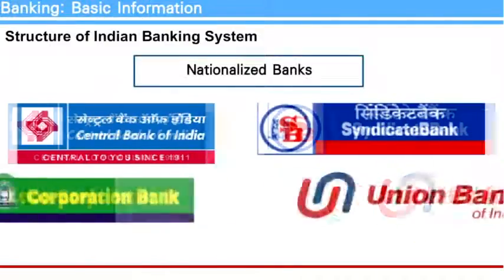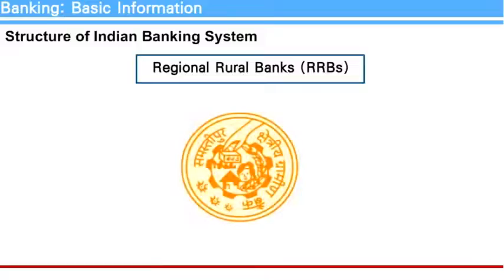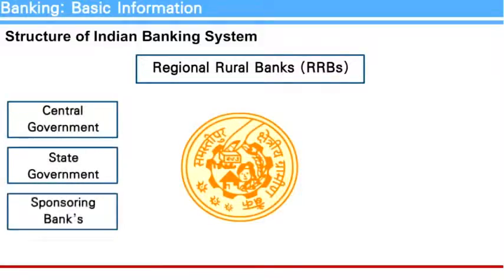Nationalized banks initially started as commercial banks. In the year 1969, the Government of India nationalized the top 14 commercial banks, and in the year 1980, 6 more commercial banks were nationalized. Regional rural banks, in short RRBs, are promoted by the central government of India, state governments, and sponsoring banks, focusing on making banking services available to the rural population.